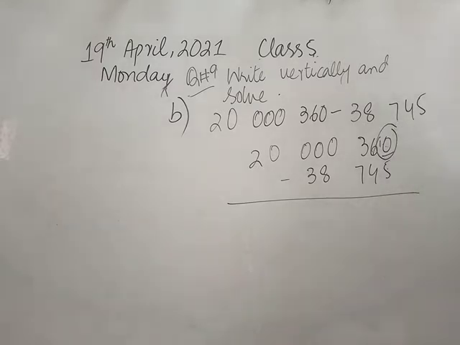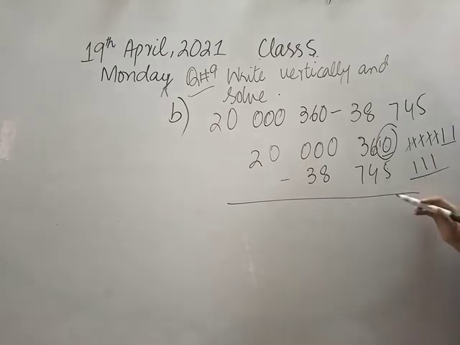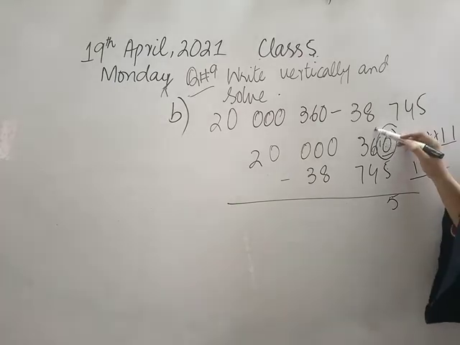So 10 minus 5. 1, 2, 3, 4, 5, 6, 7, 8, 9, 10. 10 in total. So I want to subtract 5 from it. 1, 2, 3, 4, 5. And how many are left? Very good. 5.